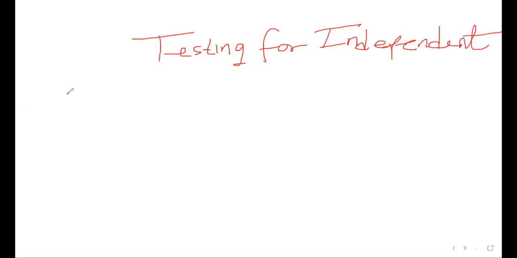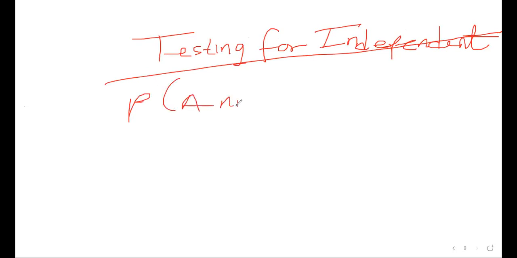We have the first one: probability of A intersection B is equal to probability of A multiplied by probability of B if events are independent. Okay, so that's the first test.